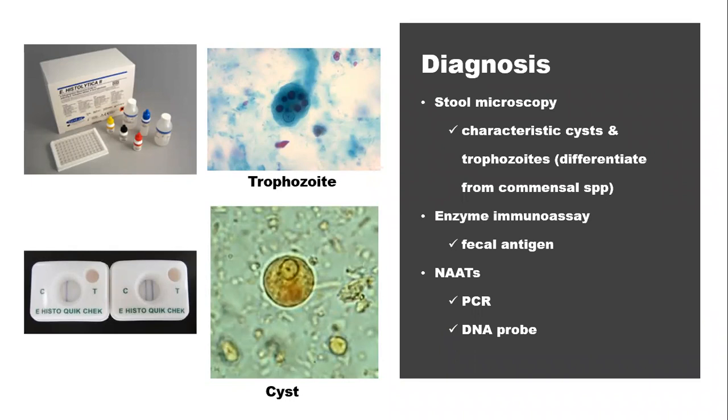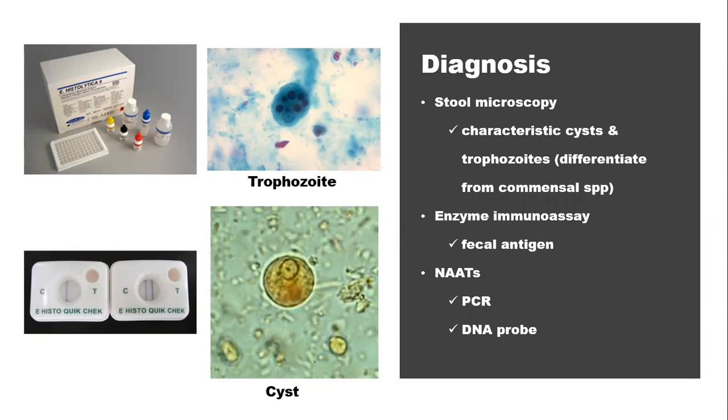If the patient is symptomatic, having bloody stools, then you're likely dealing with Entamoeba histolytica. However, if the patient is asymptomatic, you are not sure whether this is a carrier or a non-pathogenic situation. So you need to go a step further and perform other tests, such as nucleic acid amplification tests, looking out for specific genetic material associated with E. histolytica.